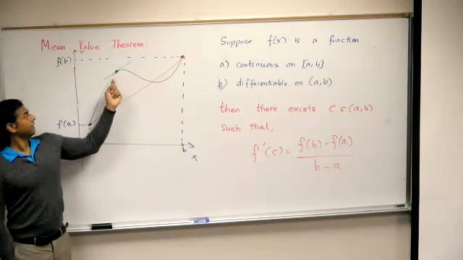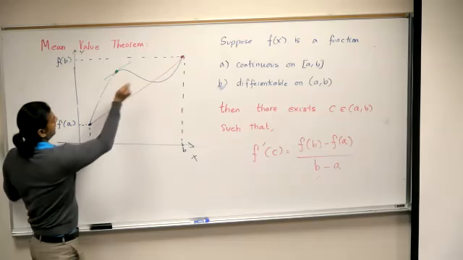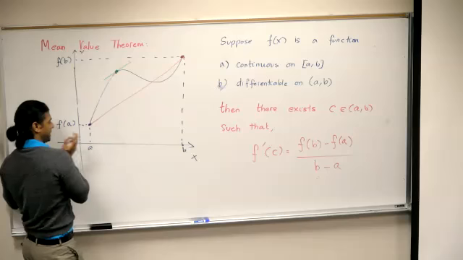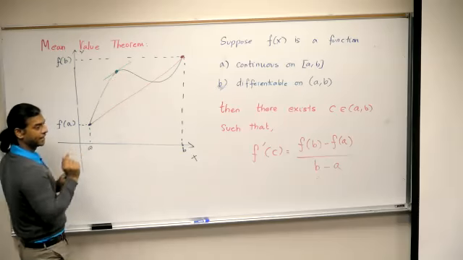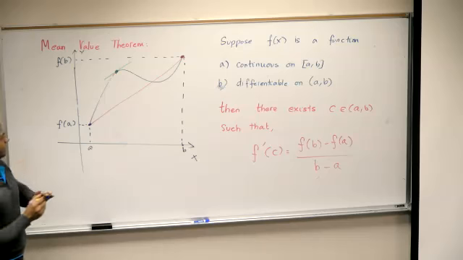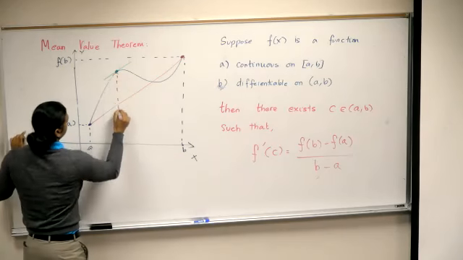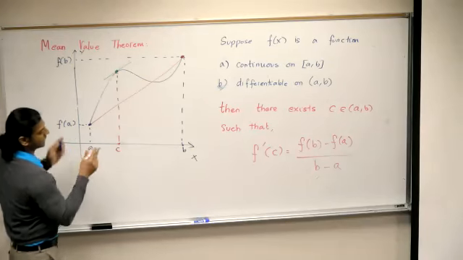So there is a c where the slope between a and b matches that instantaneous rate of change. Do we agree? My drawing is poor, but you get the point.